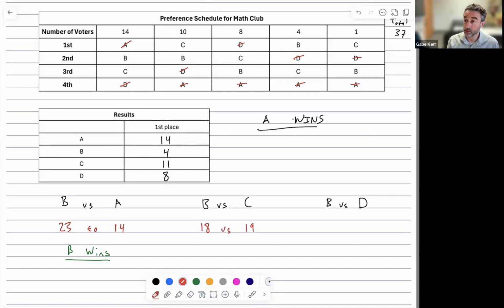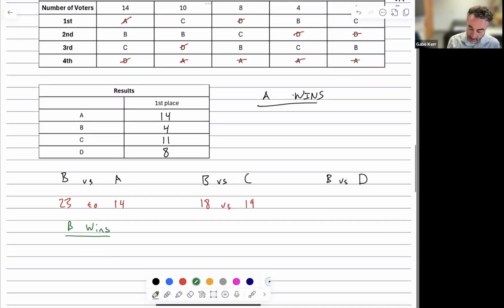So actually, B loses here, and my guess did not prove out. So in fact, here we see C wins. So certainly what we can see here is that B is not a Condorcet candidate because it's not winning in the head-to-head matchup with C. So therefore, I'm not going to even consider B versus D because, for now, B is off my list.